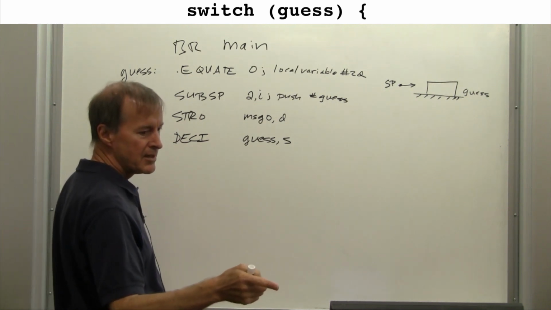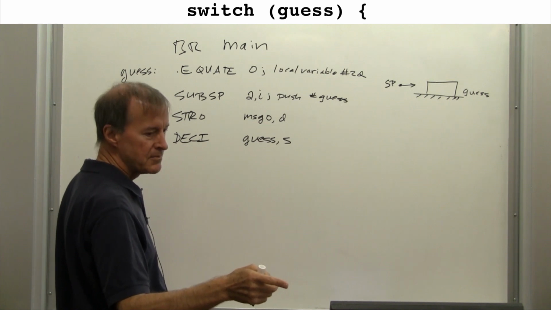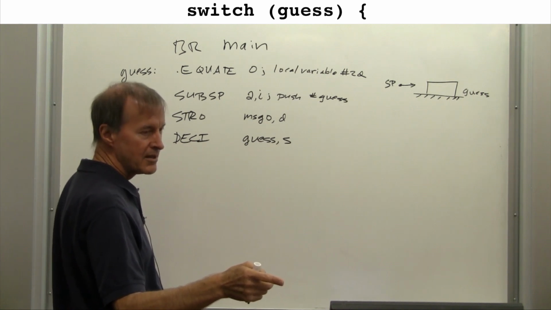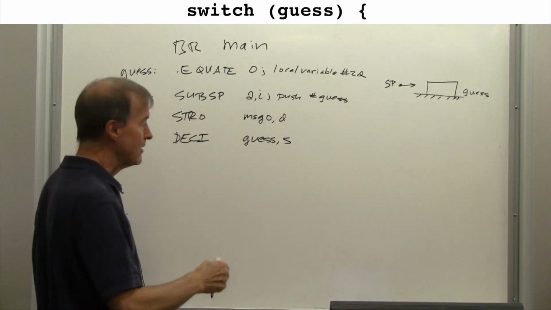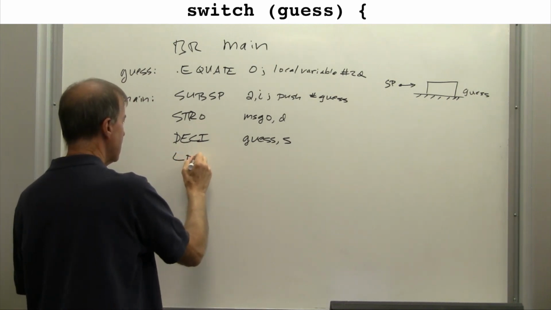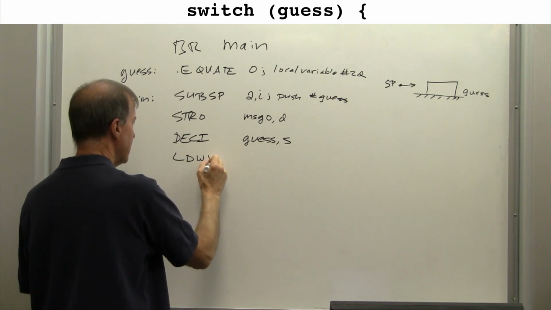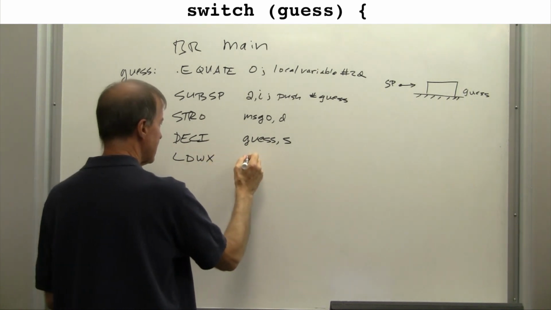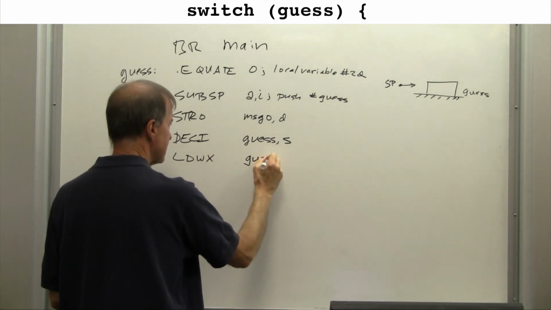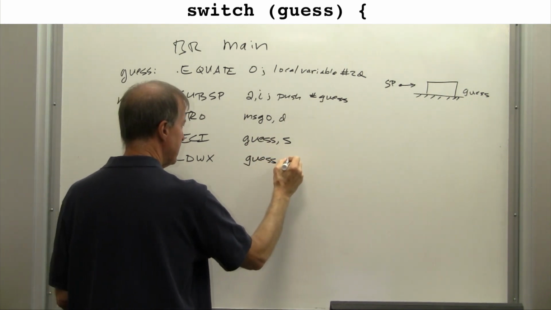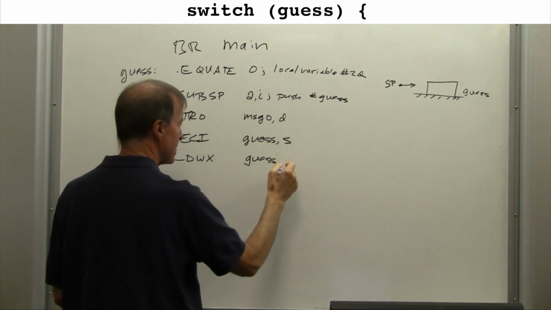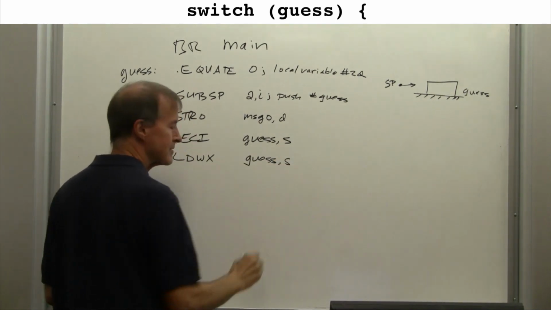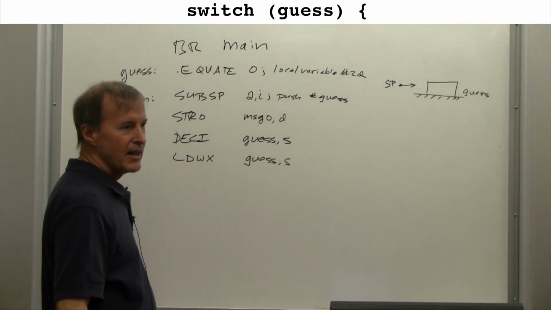What do you think we have to get into the index register? The value of what? Guess. So how do you get the value of guess into the index register? Load word index register, what? Guess. Addressing mode? Actually, yeah, it's a local variable, so S. Right?